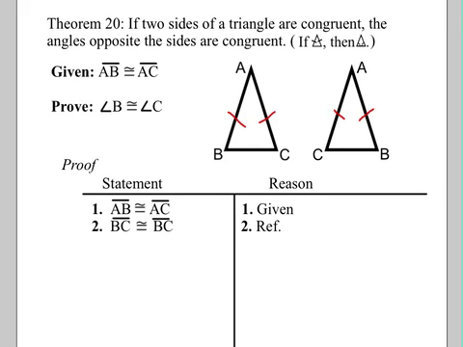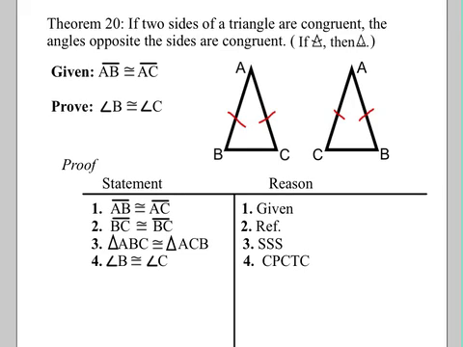And then, of course, BC is congruent to itself by the reflexive property. And now we have that those two triangles, the original triangle and its own mirror image, are congruent to each other by side, side, side. And if they are, then angle B is congruent to angle C by corresponding parts of congruent triangles being congruent.